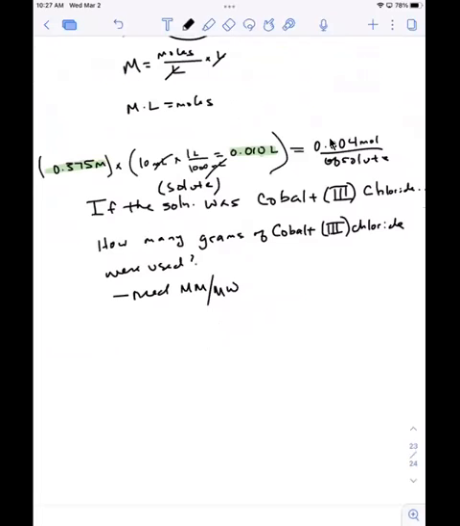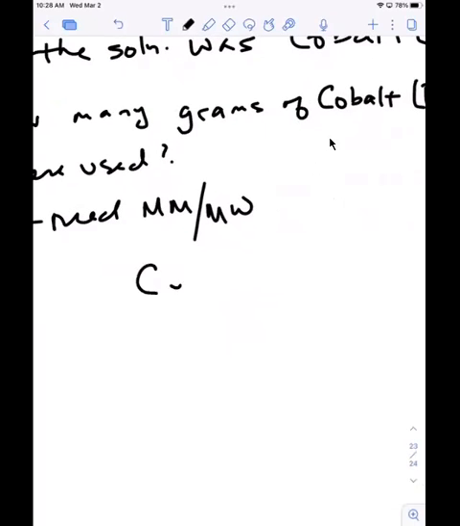What is the molecular formula for cobalt 3 chloride? Would it be CoCl3? Yes, you said CoCl3.